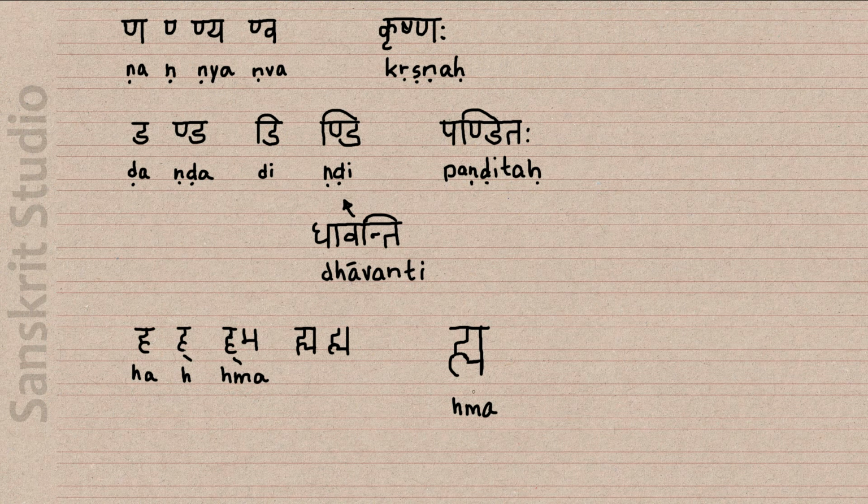The idea is simply that we're connecting the graphic form of the ha, and then modifying it to add this part of the M there. So at least that's how I see it.